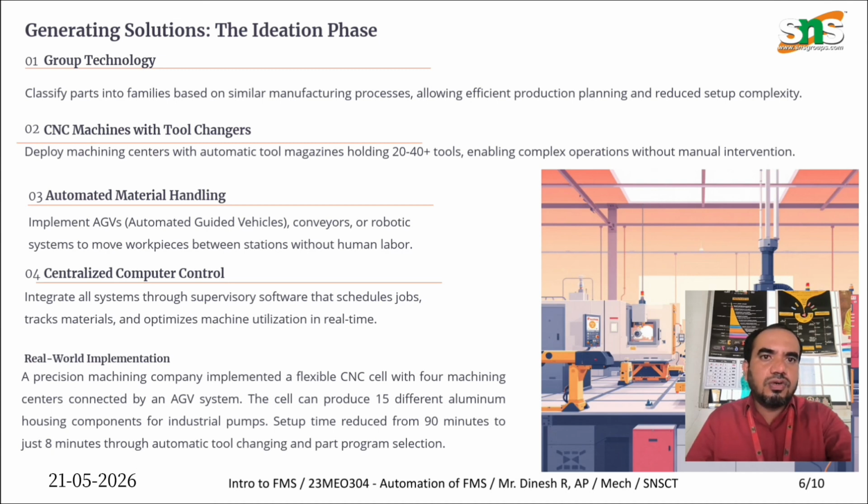So in this implementation, we can clearly understand that the time is reduced and also the quality of the products is not changed, and the overall productivity is also increased if we implement FMS.